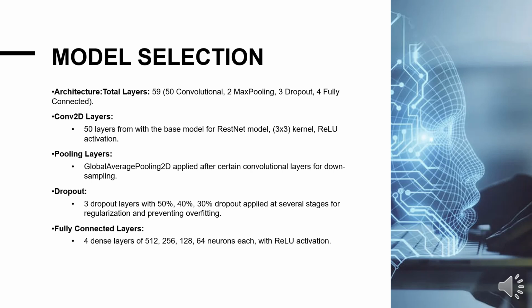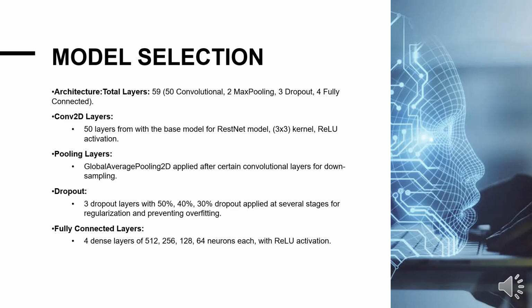In the 50 convolutional layers, from the base ResNet model, there are 3 by 3 kernels and ReLU activation. In the pooling layers, there are 2 max pooling layers. Actually, global average pooling 2D is applied after certain convolutional layers for downsampling.